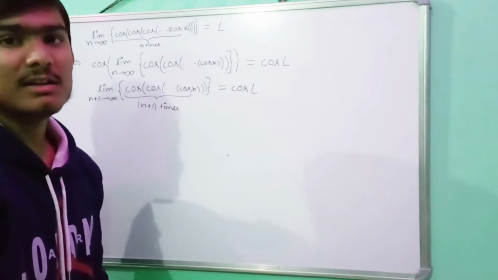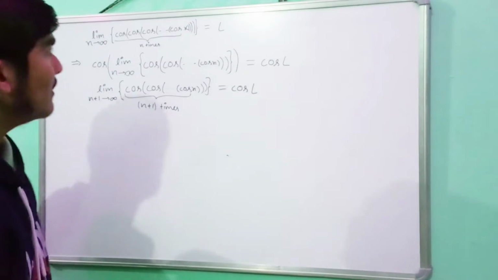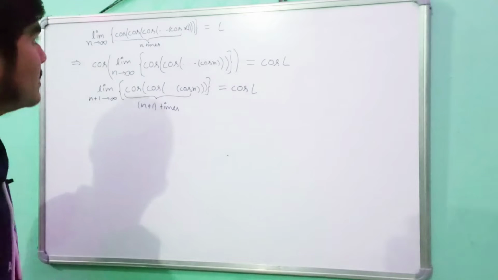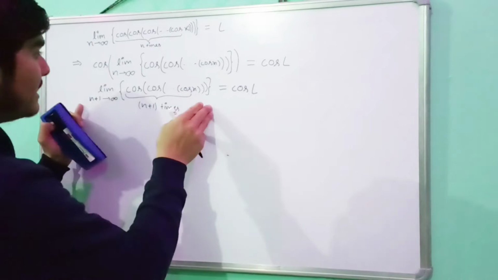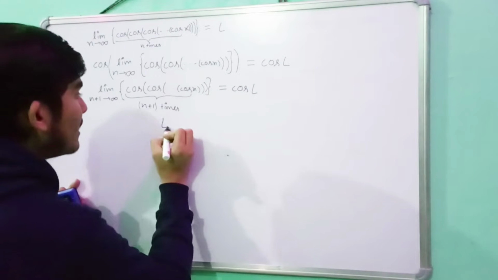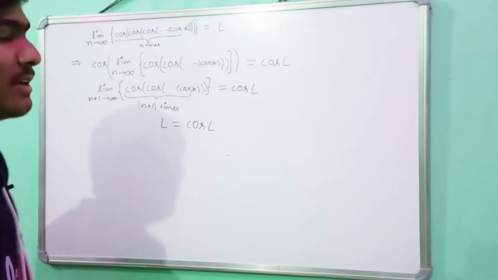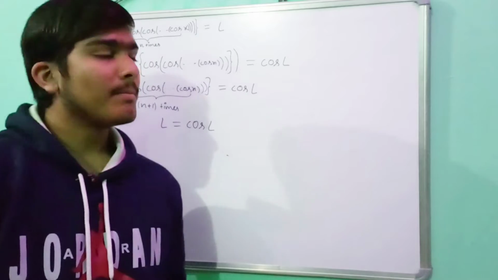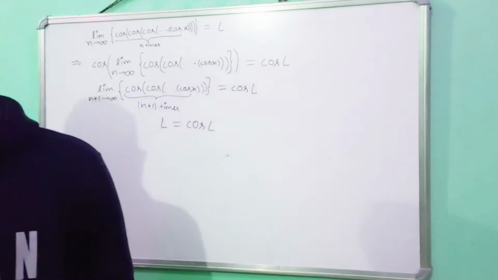So if you take a deeper look, you would find that these two limits are the same, because in both cases we are taking cos infinite times. Okay, so if you understand, then I can write this as that and that as L. So L equals cos of L. Really satisfying, because we have converted a monstrous looking limit into a trigonometric equation.